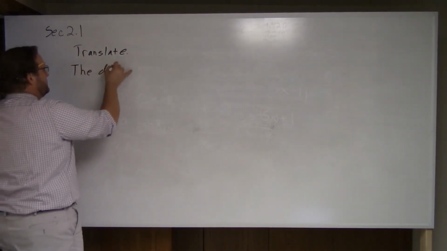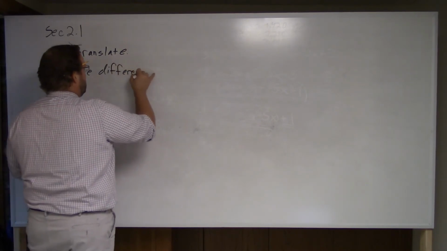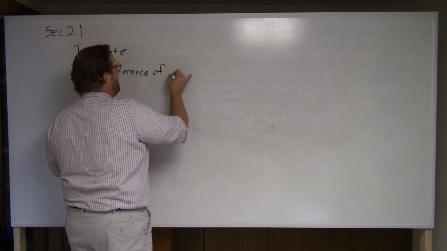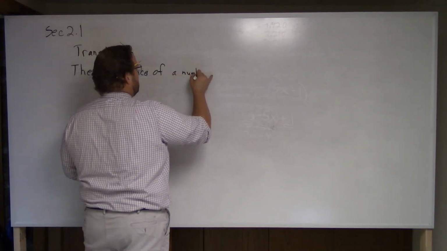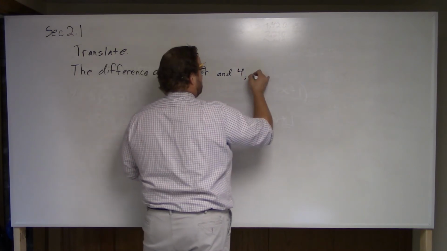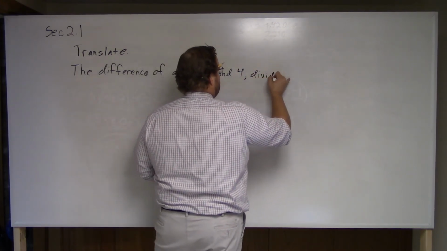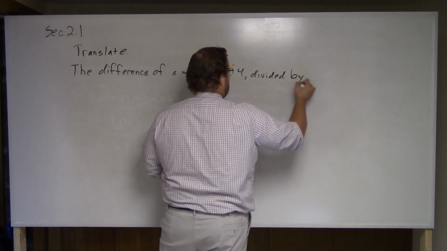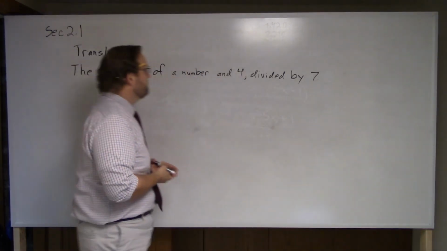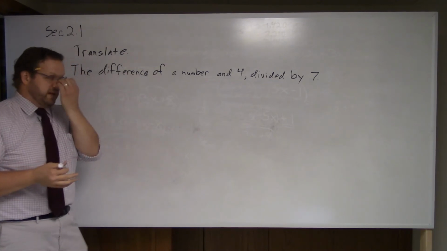The difference of a number and 4, divided by 7. The difference of a number and 4, divided by 7.